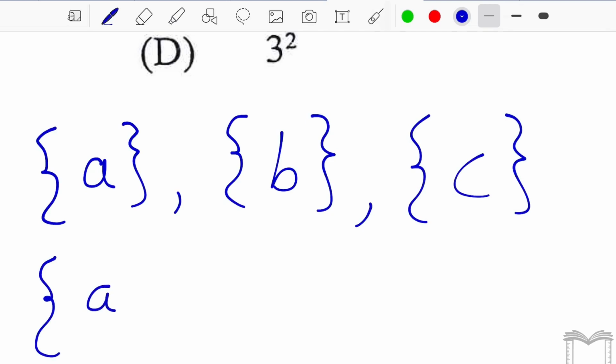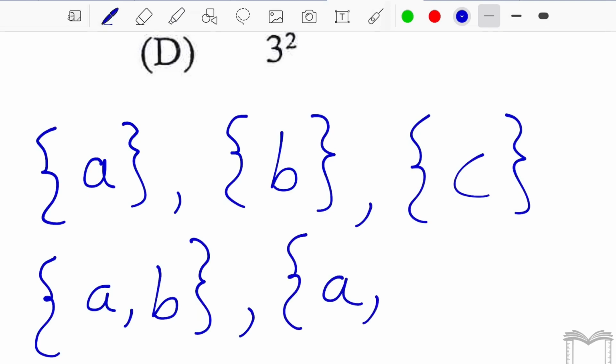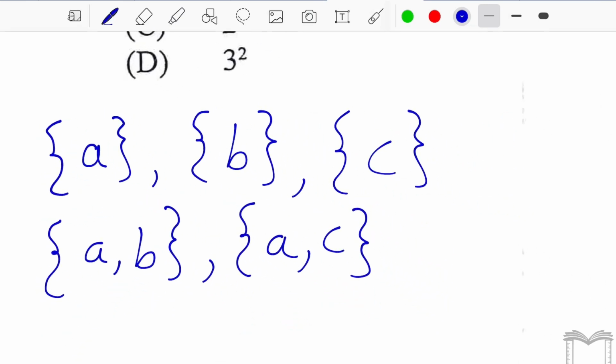We can have A and B only, A and C, and we can have B and C. So those are the different combinations.